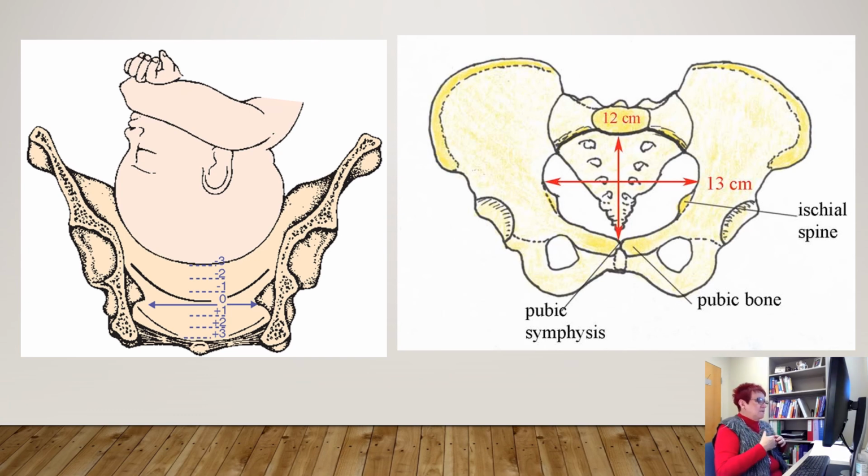So when the baby is at zero station, we say that that head is engaged. It's in that pelvis. It's not going to go back up. It's going to keep coming down, hopefully. And then as you see on the picture on the left, as you get to +1, +2, +3 or 4, you're probably crowning and you're going to have a baby. So we get past those ischial spines, and that's what we need to do.